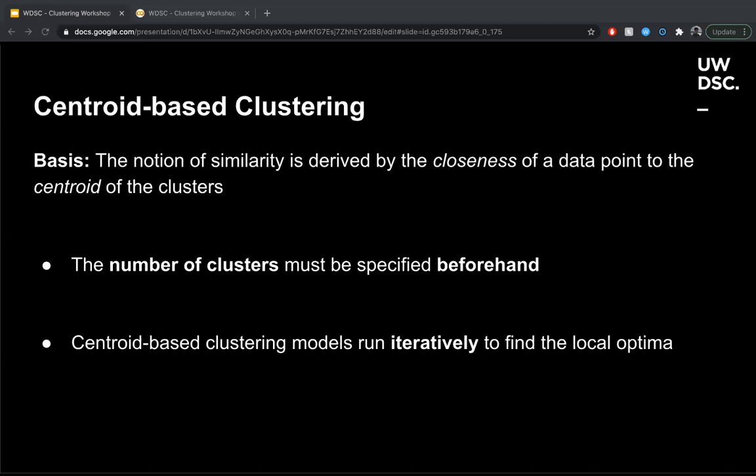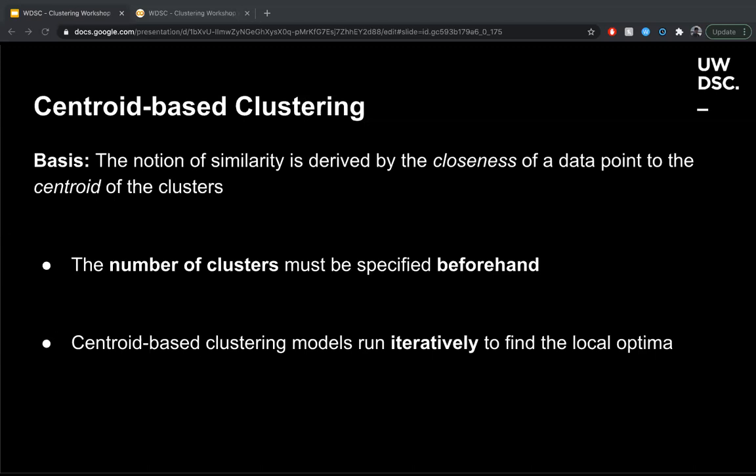In terms of distance, there are several different metrics, which I go over on the next slide, but the most obvious one to most people is Euclidean distance, the straight line length between 2 points, though other metrics can also be used. Also, an important characteristic of centroid-based clustering is that the number of clusters must be specified beforehand. This is seen as a bit of a limitation of this technique, despite its popularity.